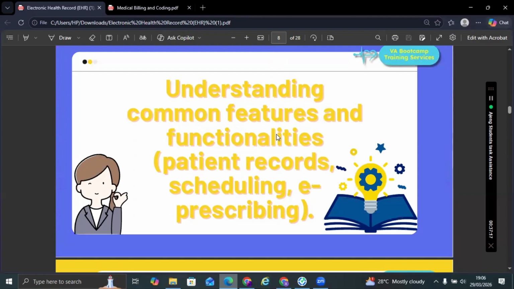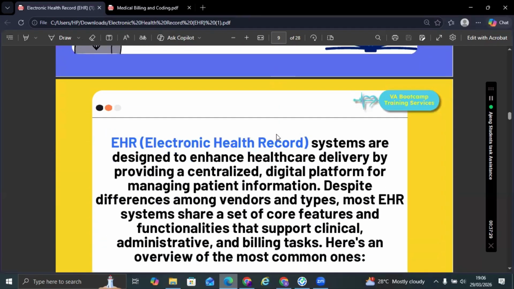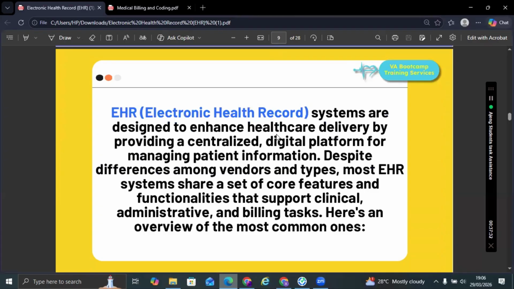Okay, the next topic is about understanding common features and functionality. It can be patient record, scheduling, and e-prescribing. Okay.